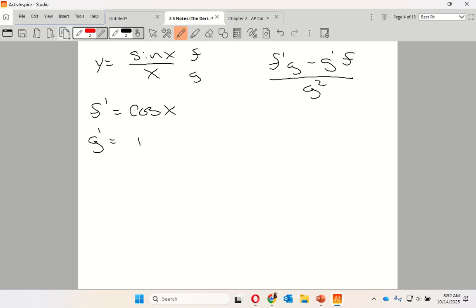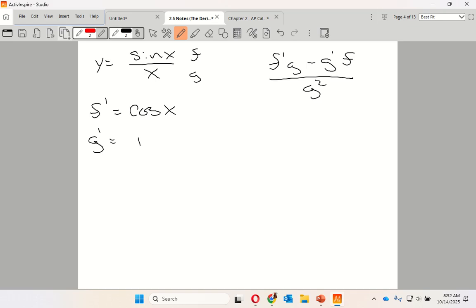But in the notes, or in the formulas, they put these backwards. I don't like changing it. I know that quotient should be a minus. Product should be a plus. So as you're going through, try to remember those. It's the same order. It's just right here, quotient is a minus over g squared.